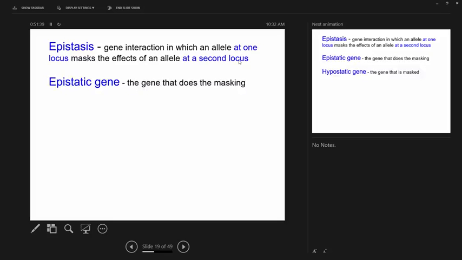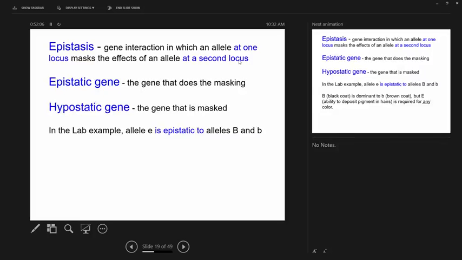The epistatic gene is the gene that does the masking, and the hypostatic gene is the gene that is masked. It is very crucial at this point that you do not confuse epistatic and hypostatic with dominant and recessive, because they are not the same thing.